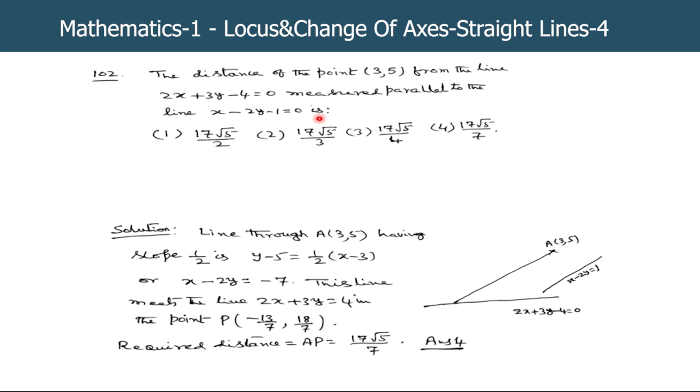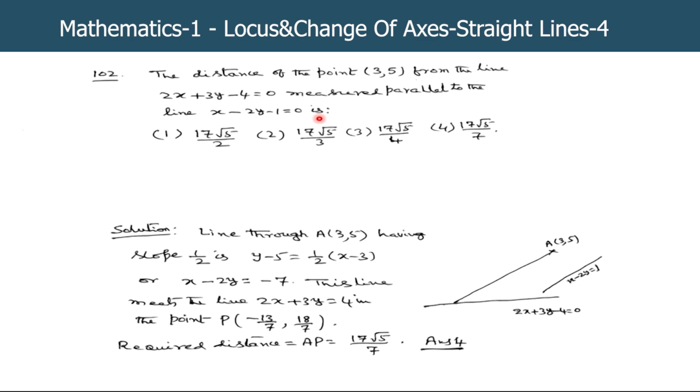Measured parallel to a straight line means the line passes through 3, 5 and is parallel to this line, so it meets the given line 2x plus 3y minus 4 equal to 0 at some point P. Then the distance of the point 3, 5 from this point P is the required distance of the point from the line measured parallel to the given line.